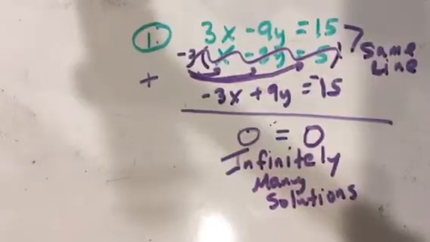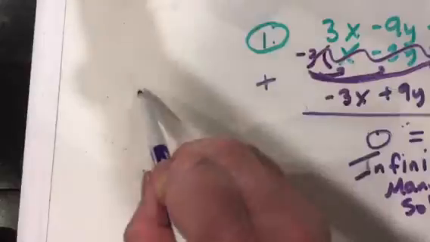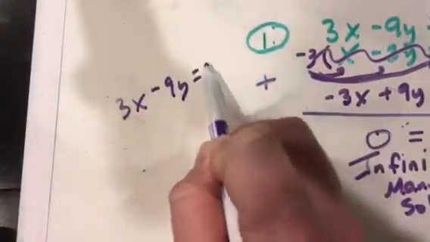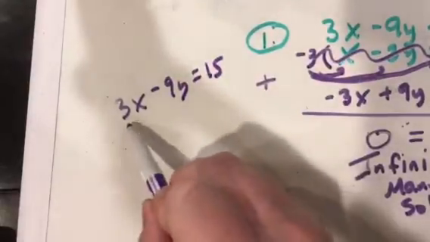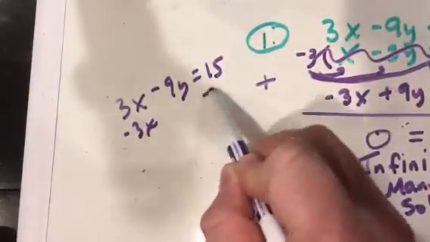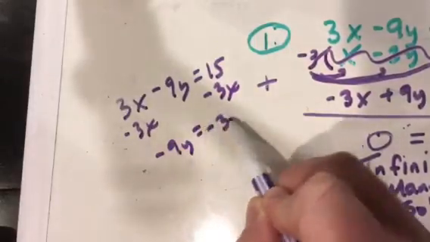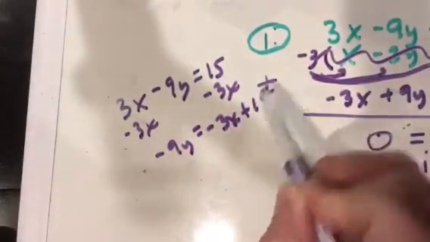The only way to really see it is if you were to put both in slope-intercept form. You don't have to do this, but it's just an extra teaching point here. We have 3x minus 9y equals 15. If you were trying to put it in slope-intercept form, you'd subtract 3x. You'd have -9y equals -3x plus 15.